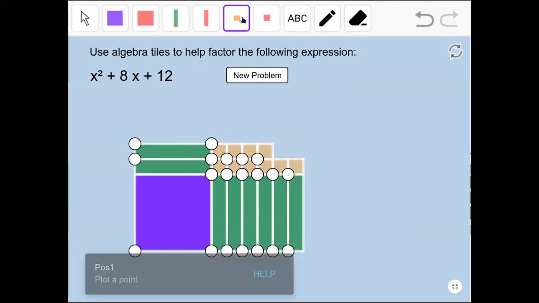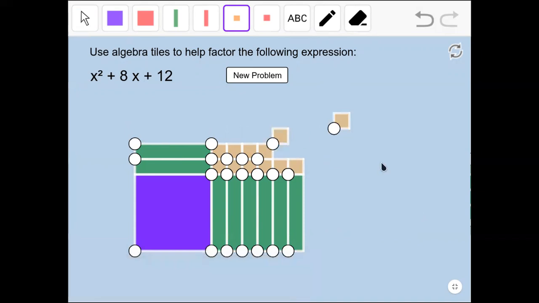Now I have 1, 2, 3, 4, 5, 6, 6, 12. So this is the constant term. x square plus 6x plus 2x plus 12.